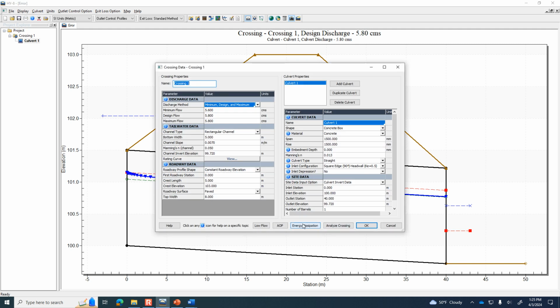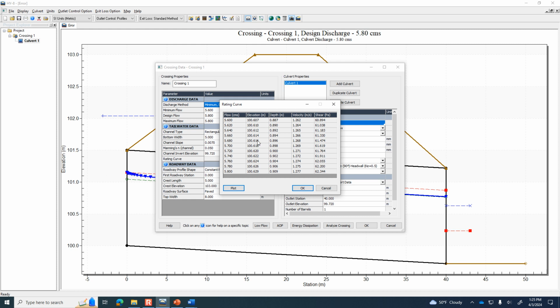If we go to this rating curve, right now the bottom width is 5 meters, and part B is asking, how narrow could we make the channel that would force the tailwater up to a depth of 2 meters for a flow rate of 5.68 cubic meters per second? Okay, so when we've got the 5.68, the tailwater depth is only 0.896 meters.